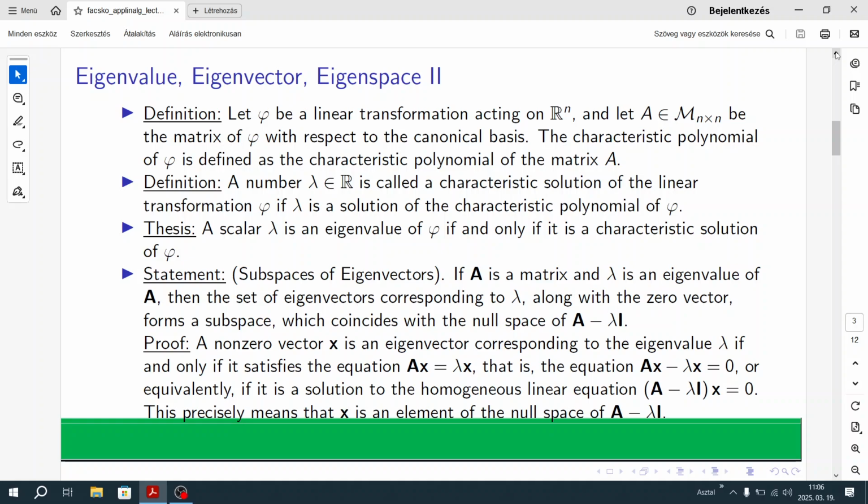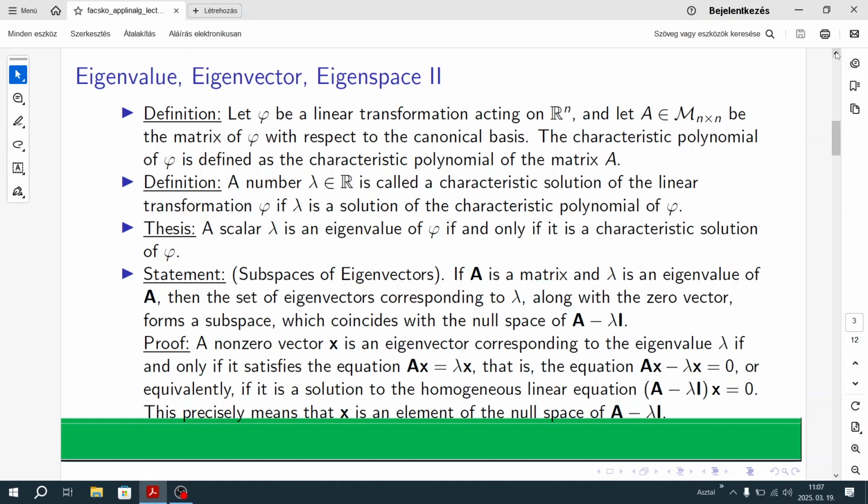I have this matrix, and I'm looking for the non-trivial solution. I just write down the characteristic polynomial, so this determinant. So this is A minus the identity operator multiplied by lambda, the constant. I'm fixing this, and there are two solutions, two eigenvalues, 1 and 3.